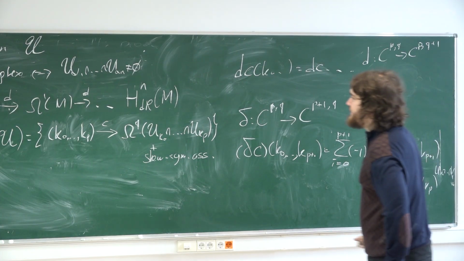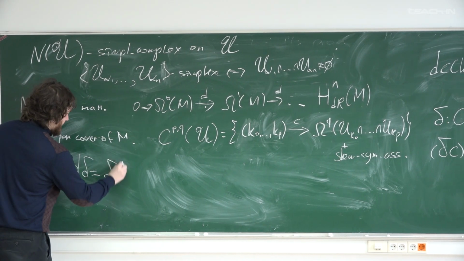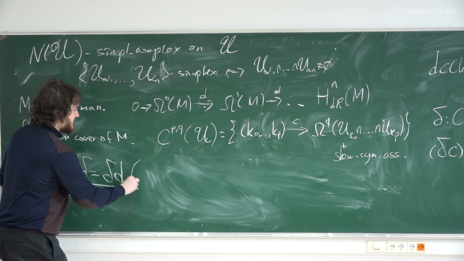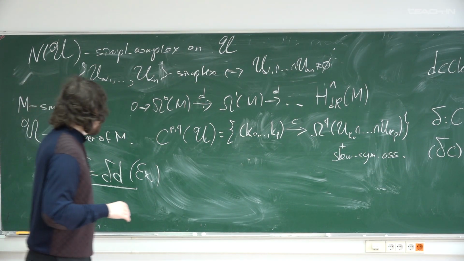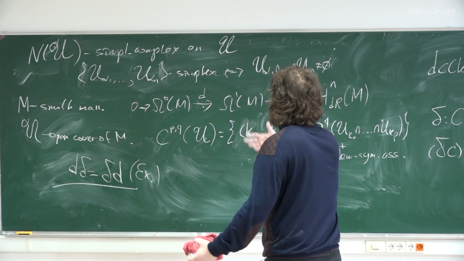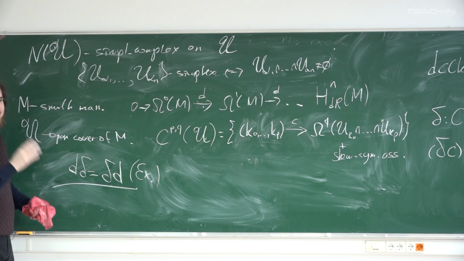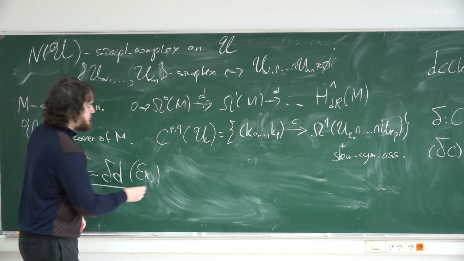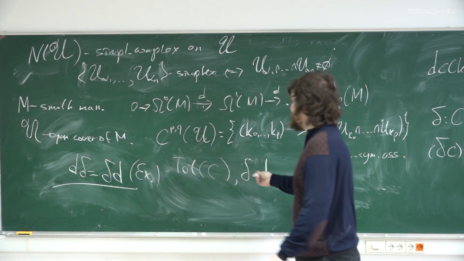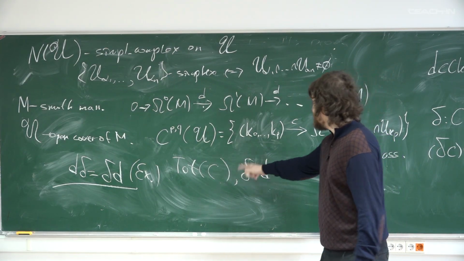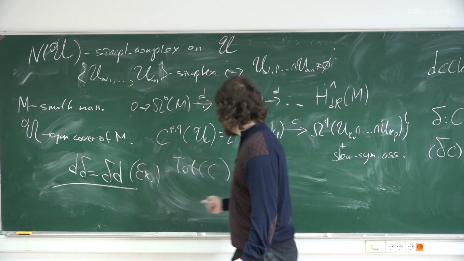Now you can check that they commute: d de Rham and delta, they commute. If you want, it's an exercise, a direct check. So we obtain not exactly a bicomplex, but a bicomplex modulo some changing of signs. You need to consider the total chain complex with this differential, and for this homomorphism to square to 0 because of this equality, you need a minus here.